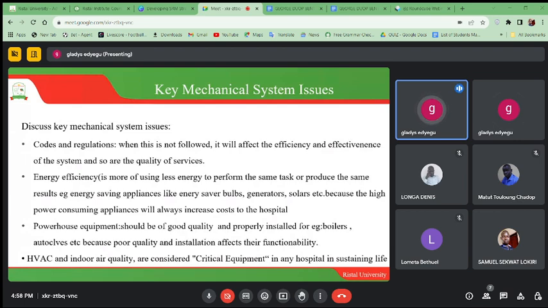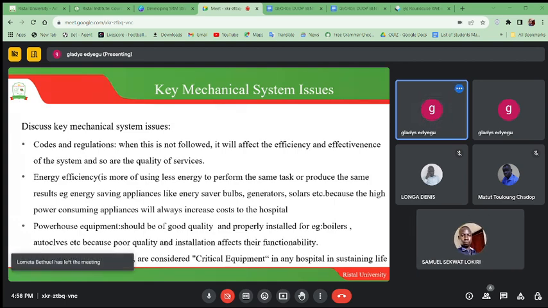Without that, you're going to affect the service provision, and also the recovery of your patients. The most key item in this is basically the oxygen that we provide to our patients, so that they can sustain their breathing, their respiration, so that they can live. Without oxygen, somebody is not able to survive.